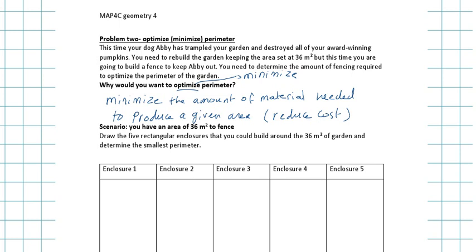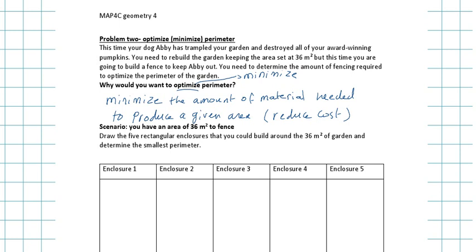So there's always something set given to you. So, an area of 36 meters squared. Give me dimensions that give me an area of 36.